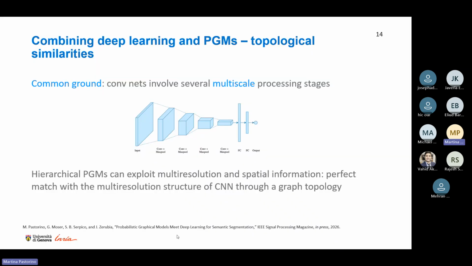So what's the common ground? The main idea for this topological integration is that convolutional networks involve several multiscale processing stages through the convolutional layers and the pooling layers. And this perfectly matches the graph topology of hierarchical probabilistic graphical models that can exploit multi-resolution and spatial information.